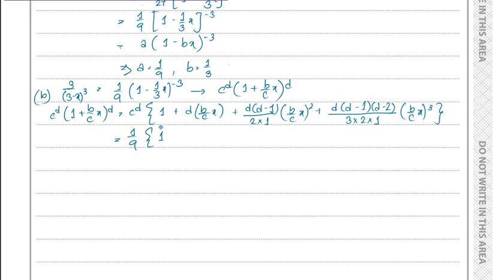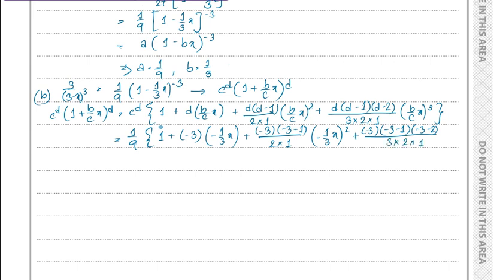Bracket 1 plus D in our question was minus 3, and B by C is minus 1 by 3 x, plus D is minus 3 multiplied by minus 3 minus 1 divided by 2 multiplied by 1, and B by C is minus 1 by 3 x to the x squared plus D is minus 3 multiplied by minus 3 minus 1 multiplied by minus 3 minus 2 divided by 3 multiplied by 2 multiplied by 1, and B by C is minus 1 by 3x cubed, bracket close.